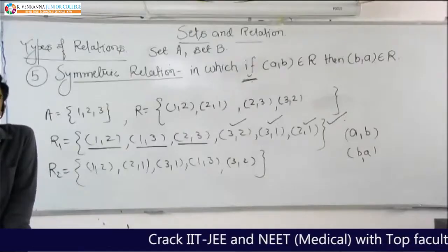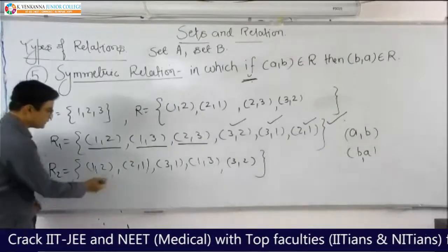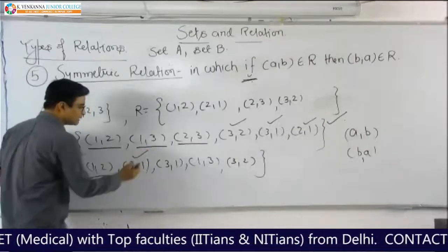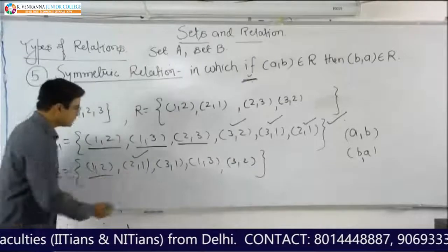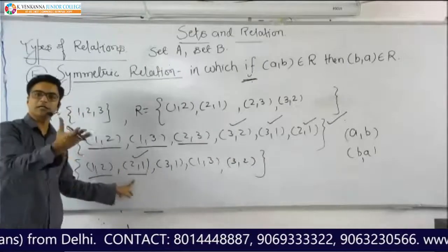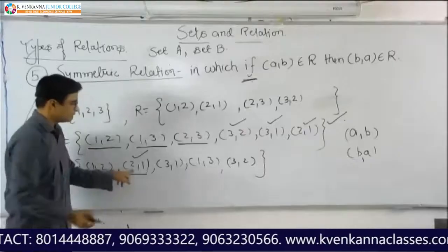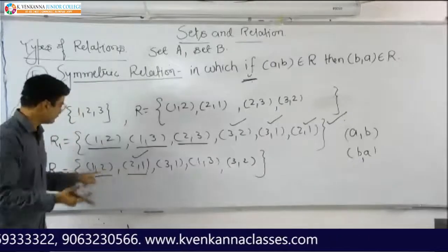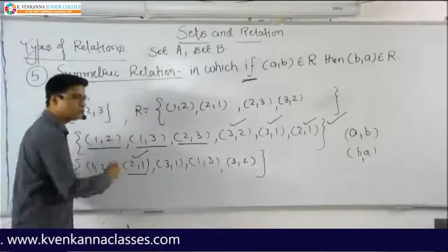No. Why? Because if we see 1 comma 2, then 2 comma 1 is there. Now reverse 2 comma 1, then 1 comma 2 is also there. Okay, fine, no issue.